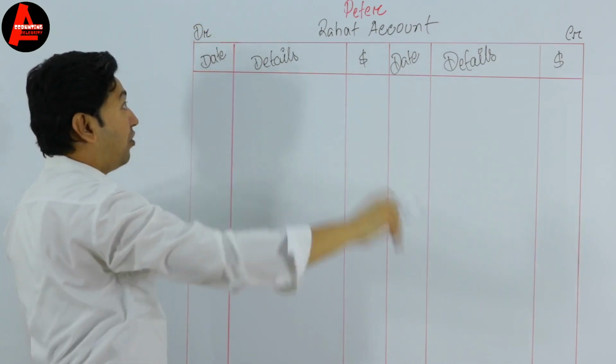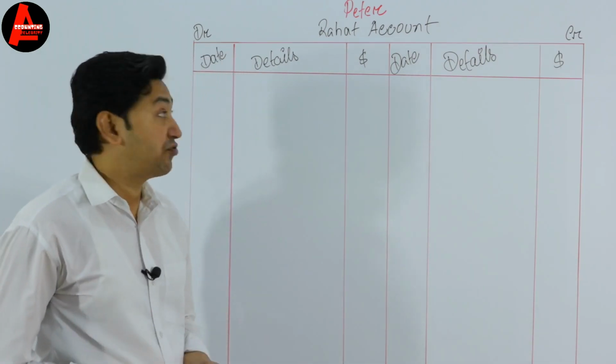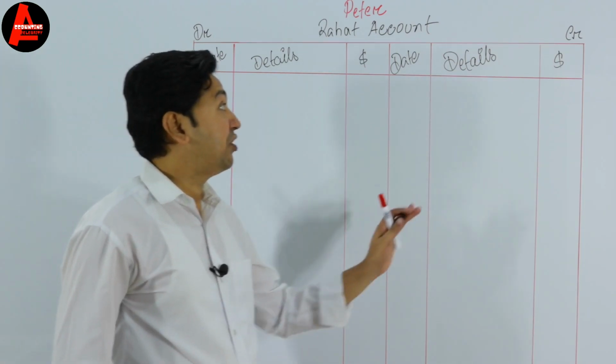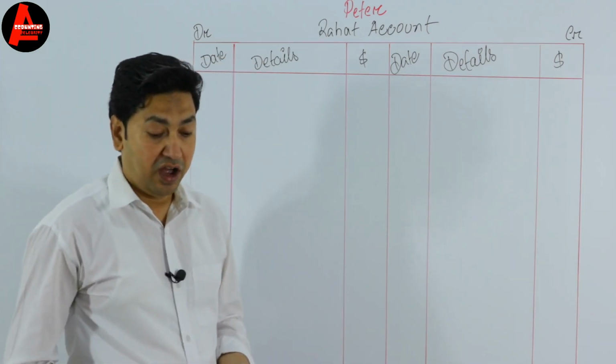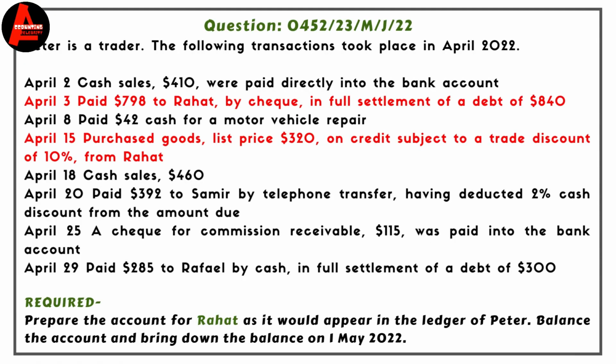Now if Rahat's balance is increasing, we write on the debit side. If Rahat's balance is decreasing, we will write on the credit side. I'll show you later. Okay, so here we see 8 transactions. All transactions will not appear in this account. Only Rahat related transactions will appear.